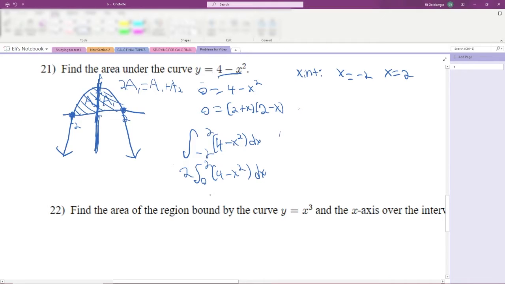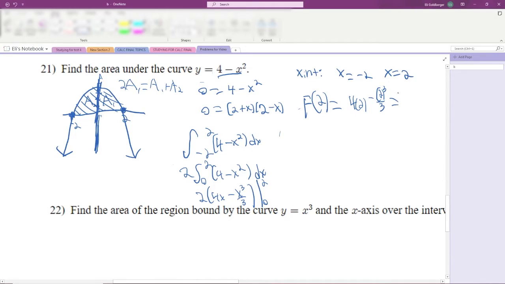So now we'll have 2 times 4x minus x cubed over 3, from the interval 0 to 2. So we'll have f of 2 equal to 4 times 2 minus 2 cubed over 3.